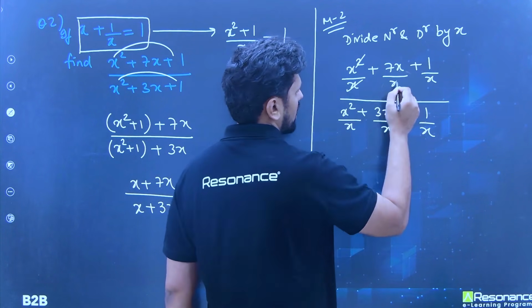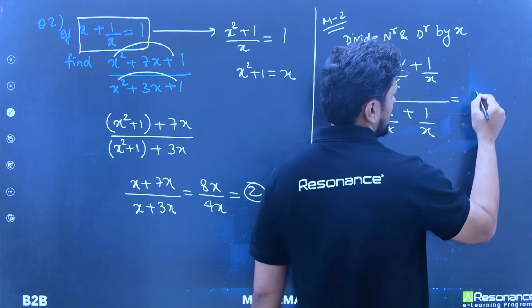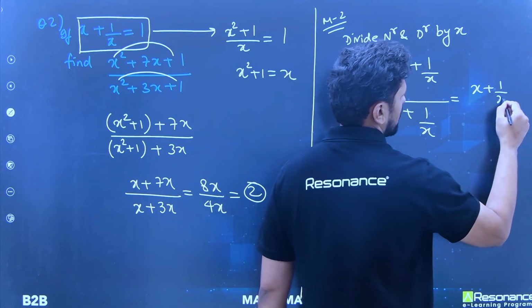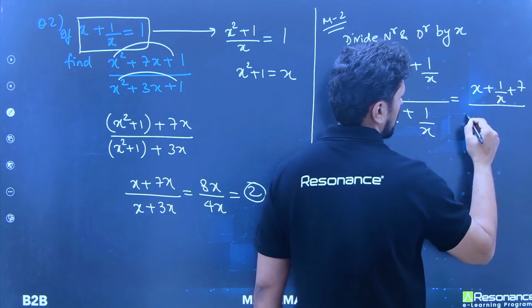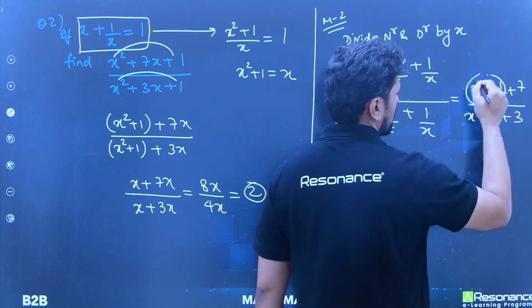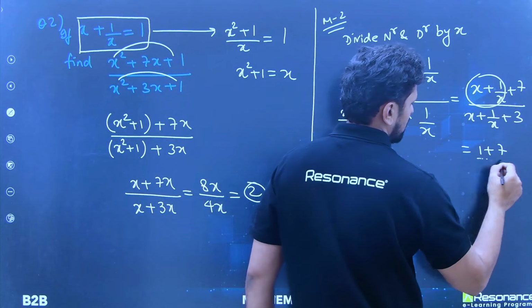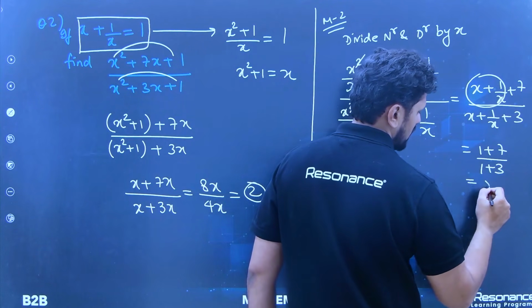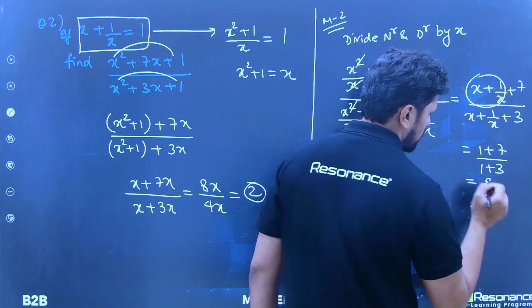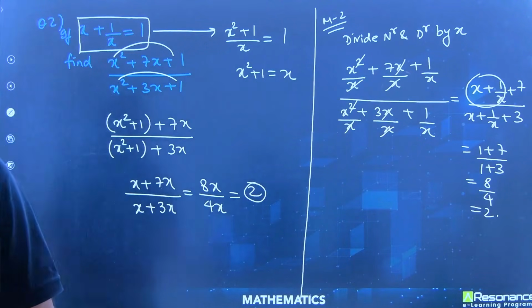So this got cancelled, cancelled, cancelled, cancelled. So the expression will look like x plus 1 by x plus 7 upon x plus 1 by x plus 3. Now we know the value of x plus 1 by x, that is equal to 1. So 1 plus 7 upon 1 plus 3, that is again 8 by 4, which is equal to 2. So this approach is also correct.